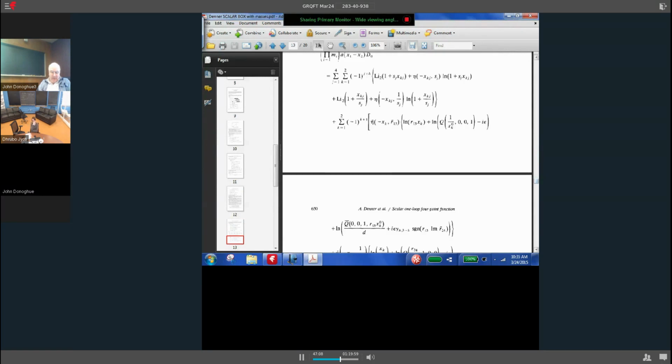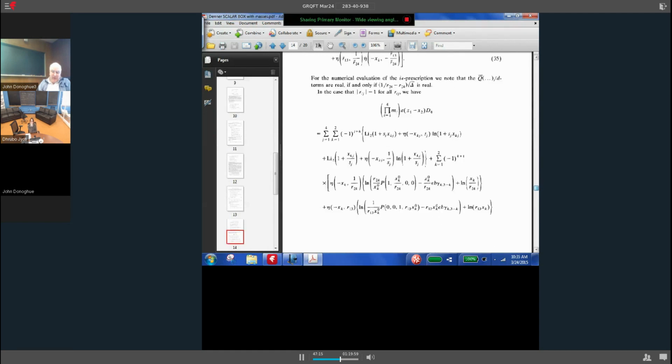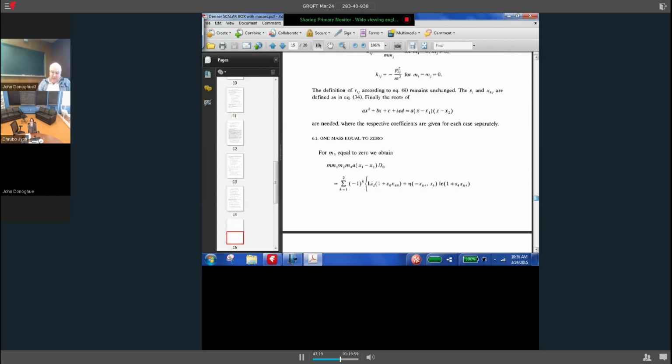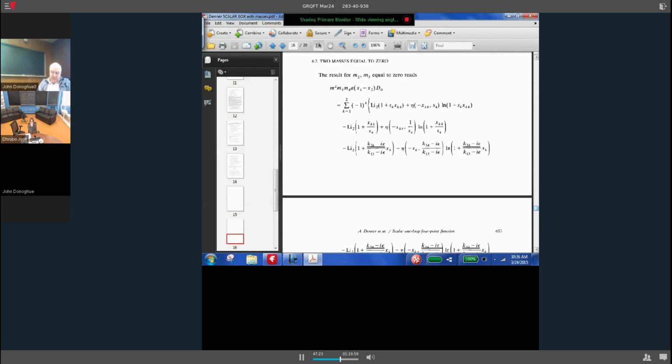I don't know if you've played around with box diagrams, but one of the things there is this box diagram. We've got two massless particles, pi's there, and we've got heavy particles there. And the box diagram is a terribly complicated thing. So here's a paper that gives the compact expression for the one loop 4-point function, the box diagram.